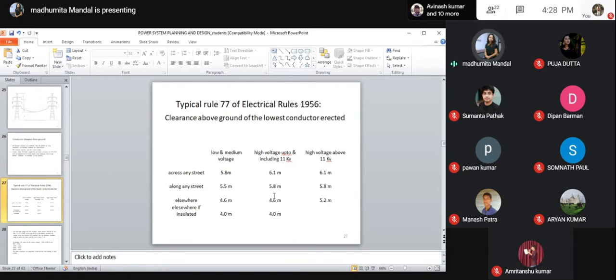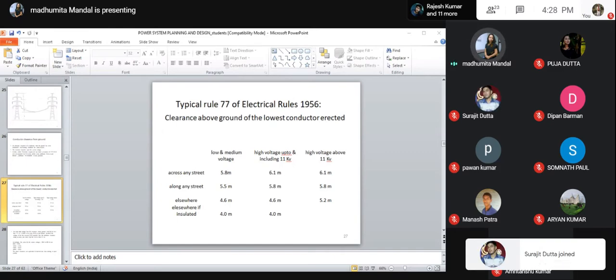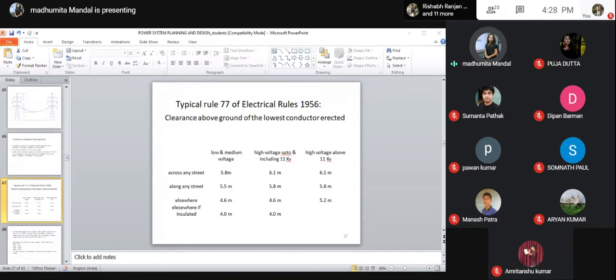Indian Electricity Rules 1956 for overhead transmission lines contain the important factors regarding the design. There are different rules: Rule 74 is about materials and types and their strength. Rule 75 is about joints. Rule 76 is about maximum stress and factor of safety.